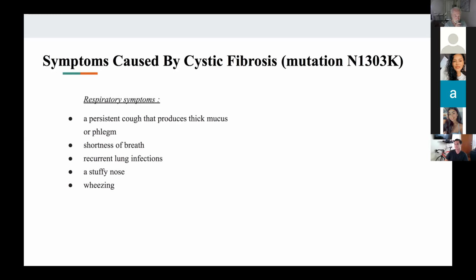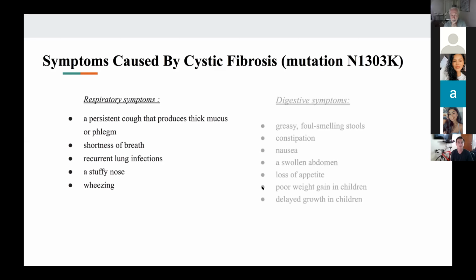CF affects the digestive system by creating blockage in the pancreas and bile duct, affecting the enzymes from reaching the small intestine where food is digested, and that causes people to show common symptoms like greasy, foul smelling stools, constipation, nausea, a swollen abdomen, loss of appetite, poor weight gain in children, and delayed growth in children.